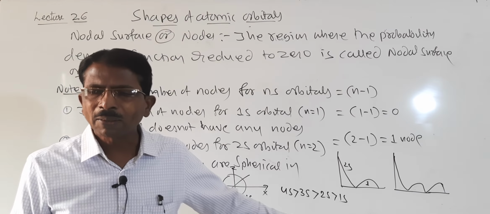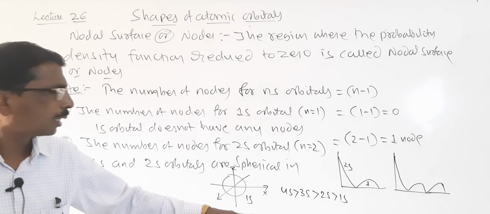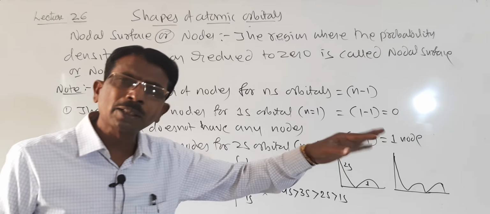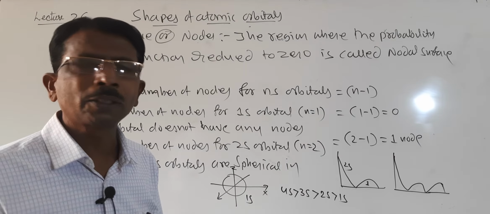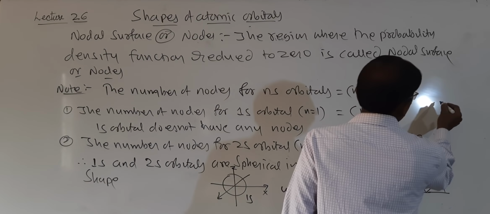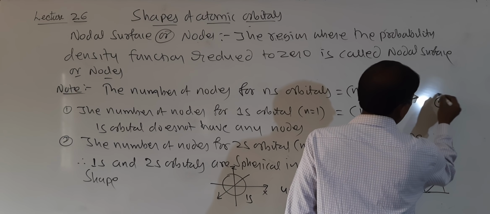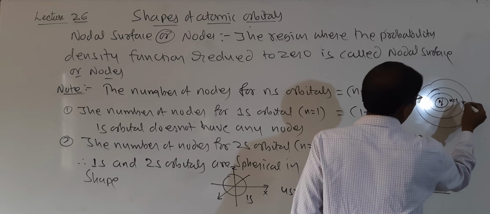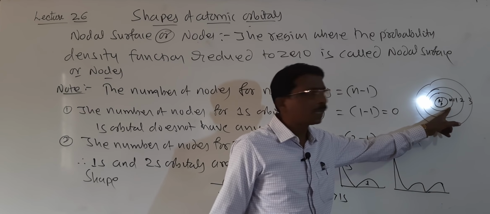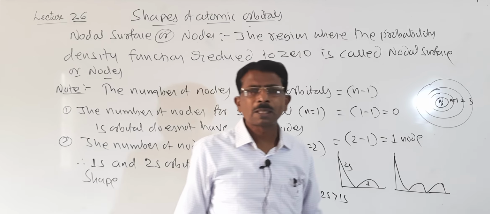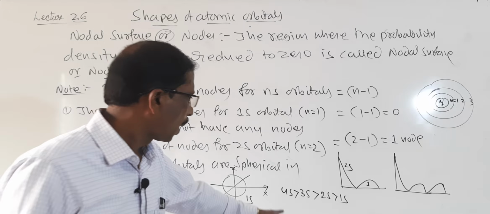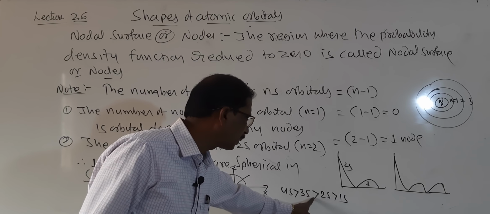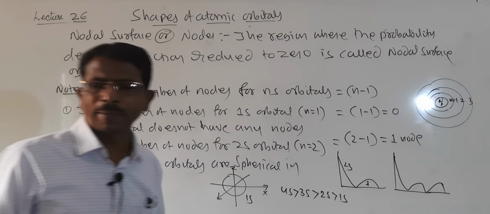As the value of n increases, the size of the s orbital also increases.